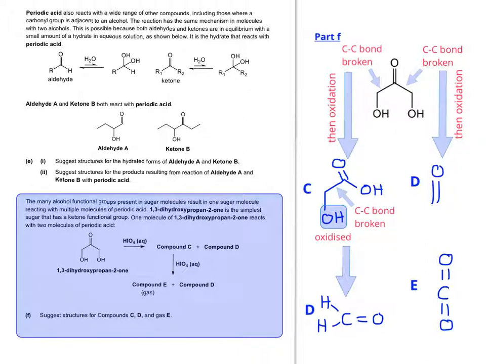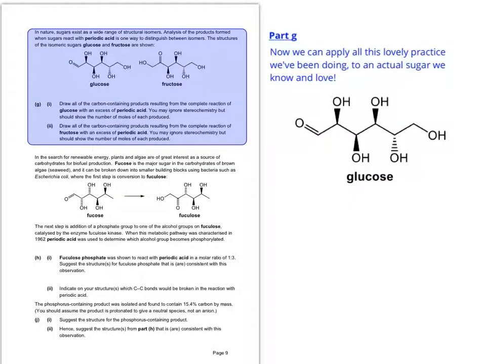So now what we can look at is the next question. They're asking us in part G to draw all of the carbon-containing products resulting from the complete reaction of glucose with an excess of periodic acid. It says you can ignore stereochemistry, in other words optical isomers, but you should show the number of moles of each produced.